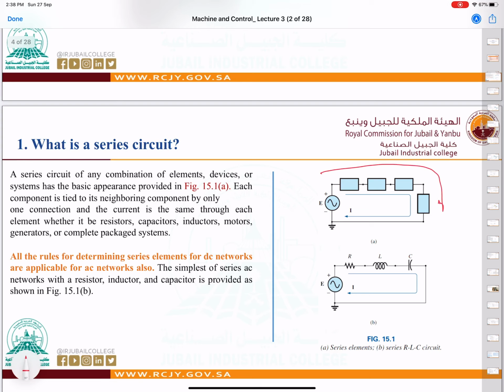From Circuit 1 we know that the elements are connected in series, and inshallah in this lecture we are going to see the AC source effect on the RLC circuit. So all the rules for determining series elements for DC networks are applicable for AC networks also, okay?